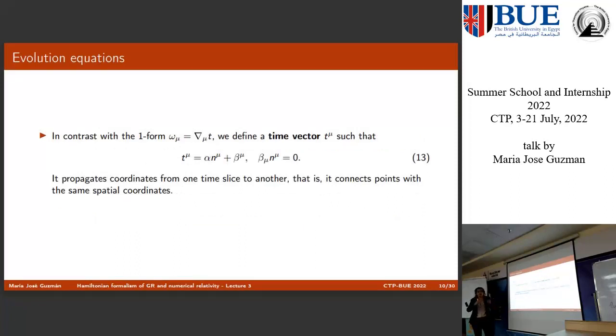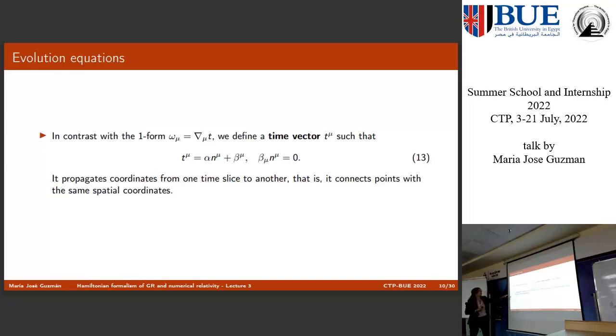And then, as I also showed you previously, I have a normal vector, but the normal vector does not necessarily go in the direction of time. So the normal vector has to be shifted in order to go in the direction of time. The normal vector and time go in different directions, and this difference is this shift function that I defined in the previous slides.